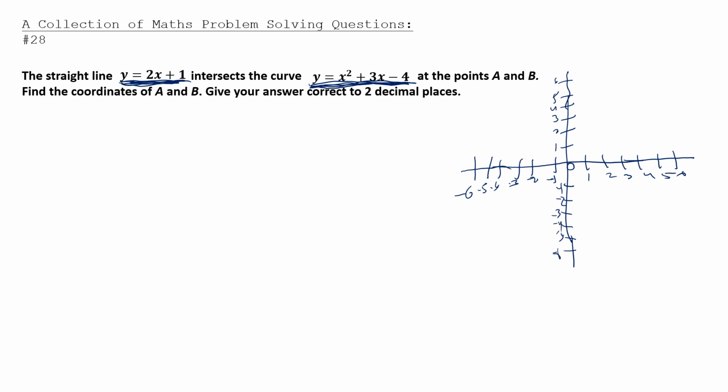And if I try and draw this, y equals 2x plus 1, how will I do that? What I will do is put x equals 0 and y equals 1. So the first point is 0 and 1, that's here. Then I do x equals 1, y equals 2 plus 1, that's 3.